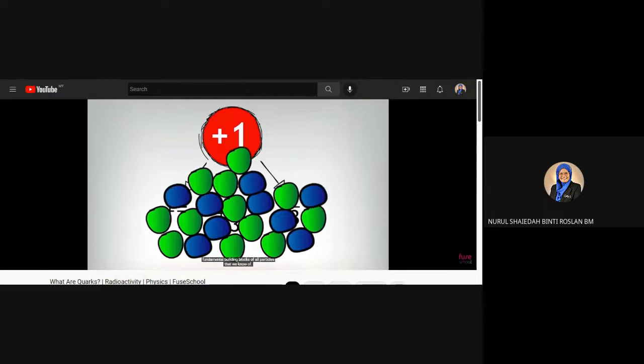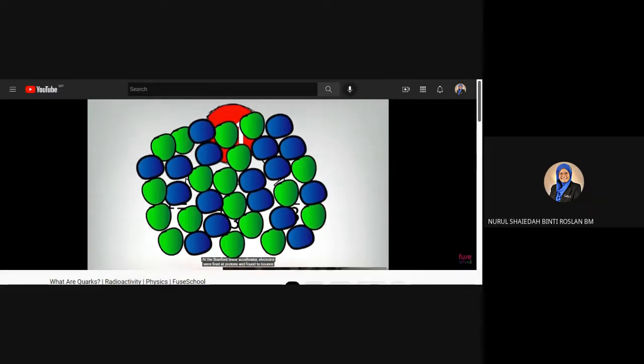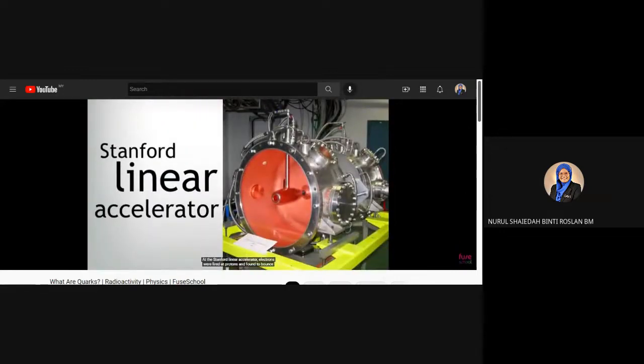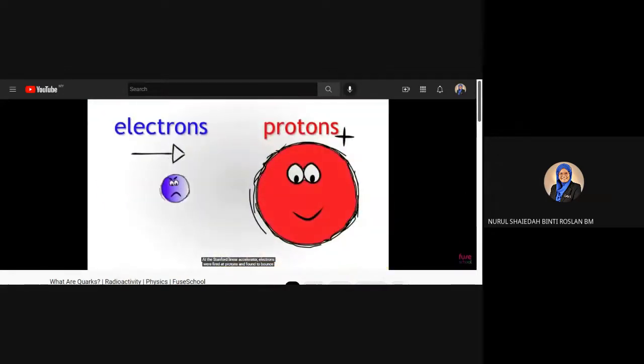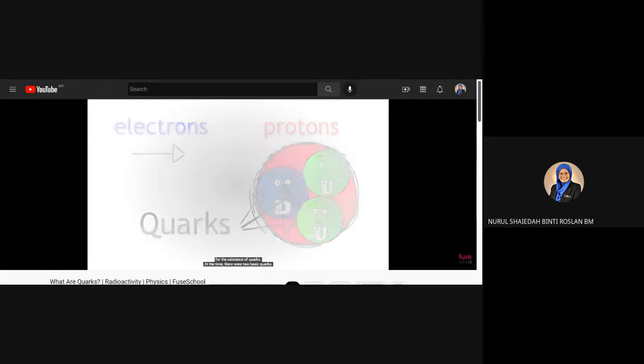Quarks are the fundamental building blocks of all particles that we know of. At the Stanford Linear Accelerator, electrons were fired at protons and found to bounce off of tiny particles inside them. It had taken 4 years, but this was the first evidence for the existence of quarks. At the time, there were 2 basic quarks.